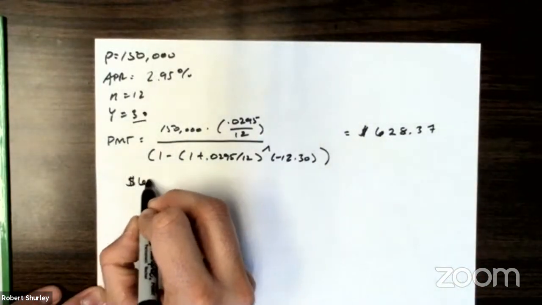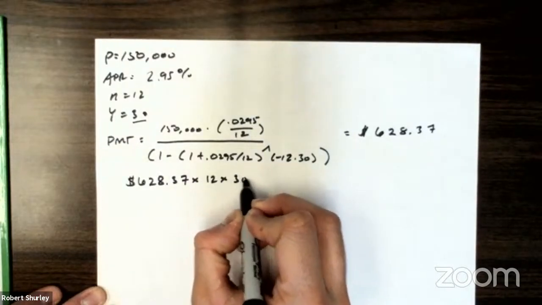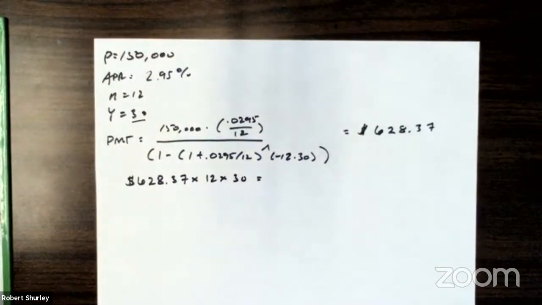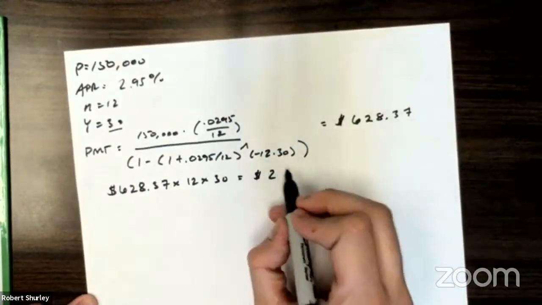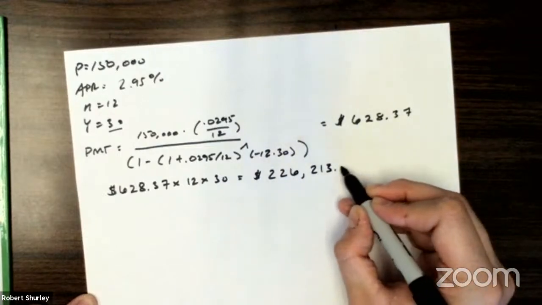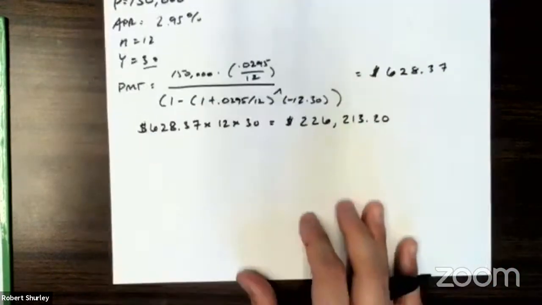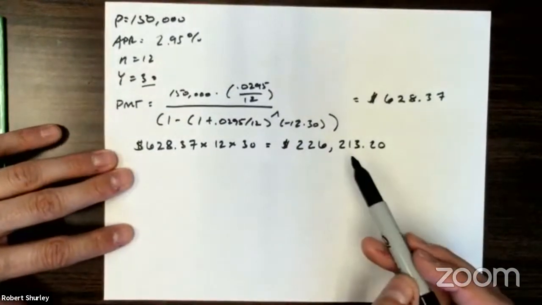Okay, so now let's take this out, because now we're doing it over 30 years, right? 628.37 times 12 times 30 is equal to $226,213.20. Holy cow. So the life of the loan is going to cost us $226,213.20.